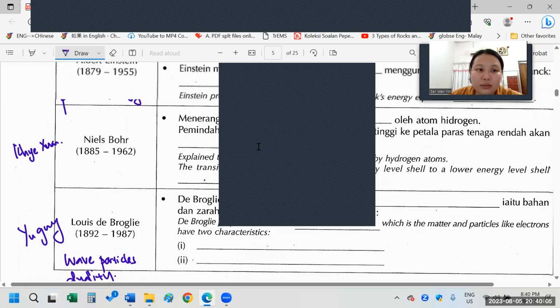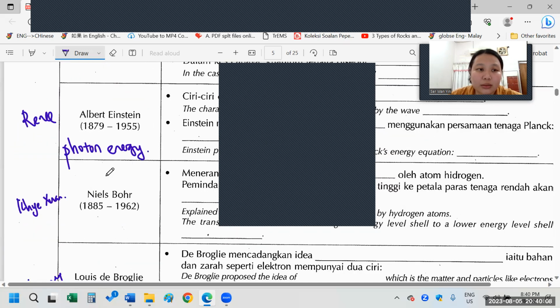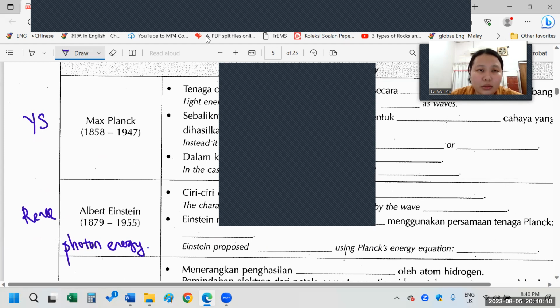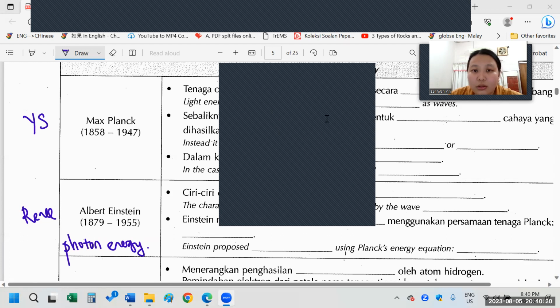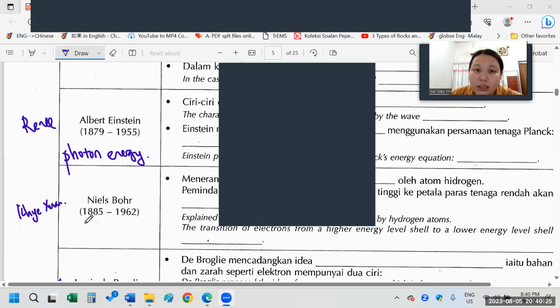Okay, then Kai Xuan. Electron in an atom orbit around the nucleus. Correct. Yes, in chemistry, we say electron is orbiting the nucleus.